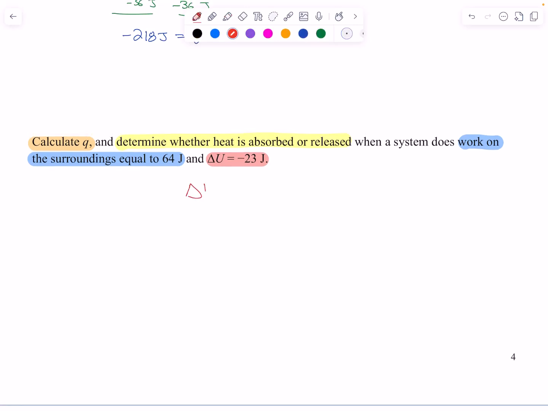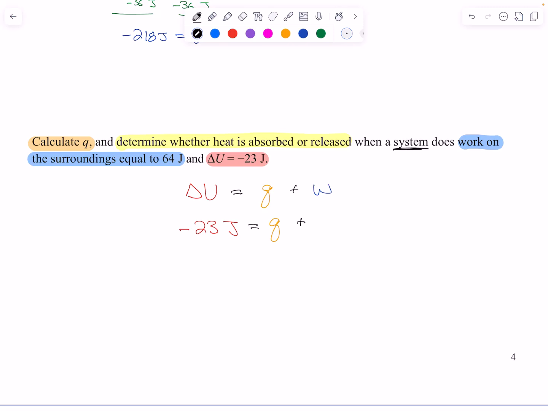Delta U equals Q plus W. Okay, we know what delta U is, and that's negative 23 joules. We're calculating Q. Now, work. The system here does work on the surroundings.